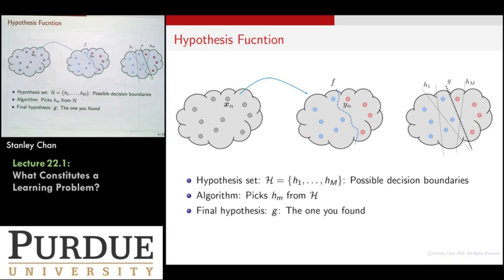Let's say this is your data set. You can say, I'm going to cut it into two halves using a linear classifier. That would be one hypothesis. That can be another hypothesis. This is a hypothesis, although of course a very terrible one, but it's still a hypothesis, right?